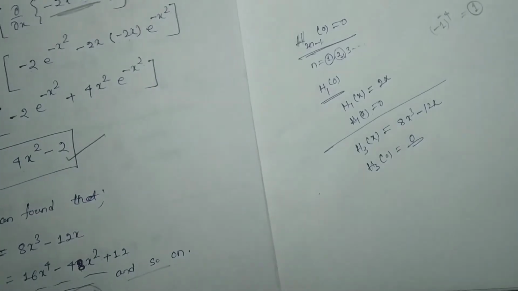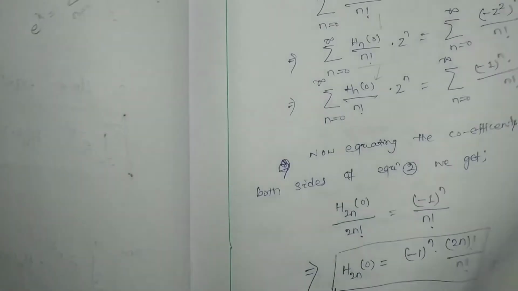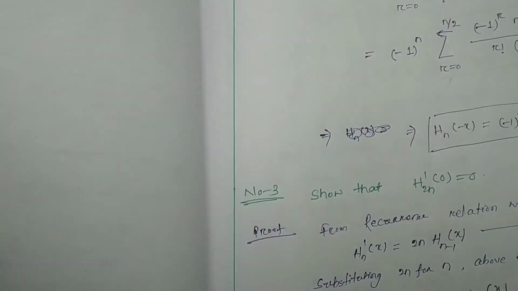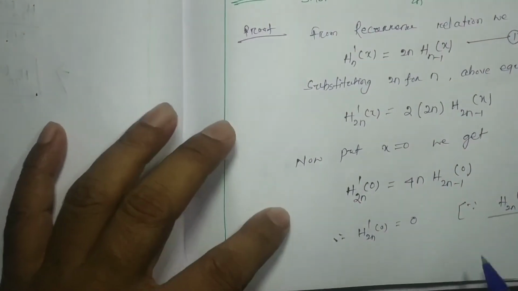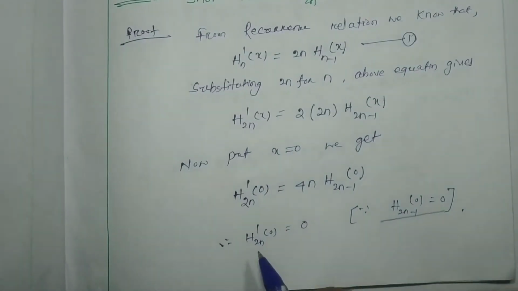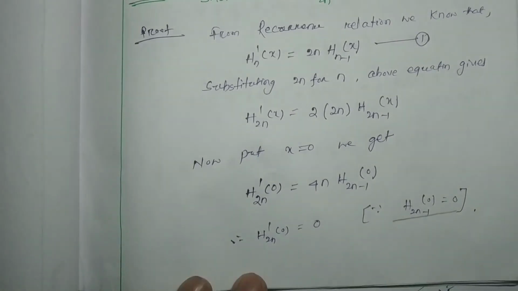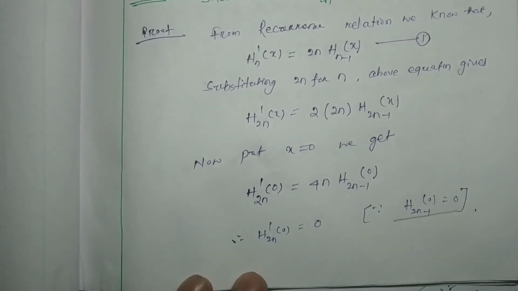So only for that we have considered over here that H2n minus 1 will always be equal to 0. So we got H2n dash 0 equal to 0. Okay, pause the video and write the note carefully.